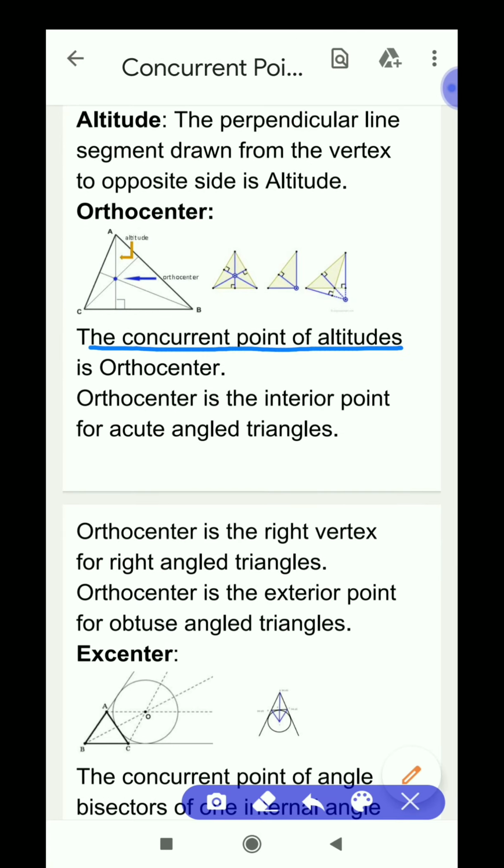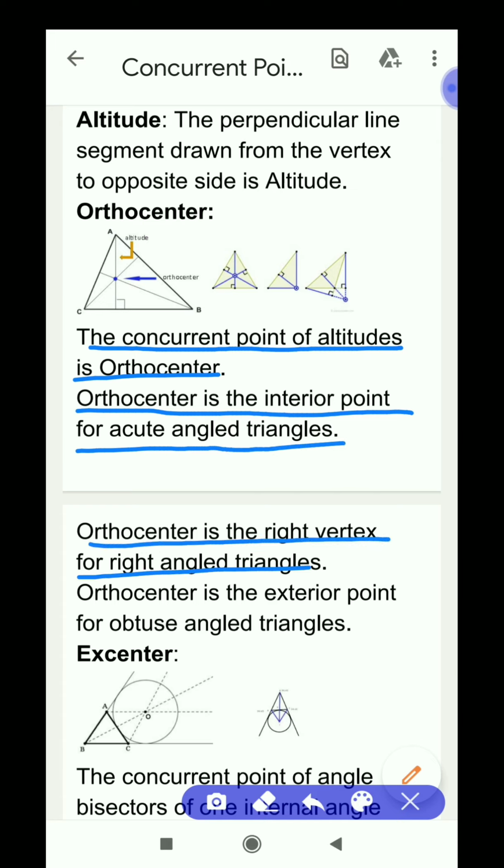The concurrent point of altitudes is the orthocenter. The orthocenter is an interior point for an acute triangle. The orthocenter is the right vertex for a right angle triangle. The orthocenter is an exterior point for an obtuse triangle.